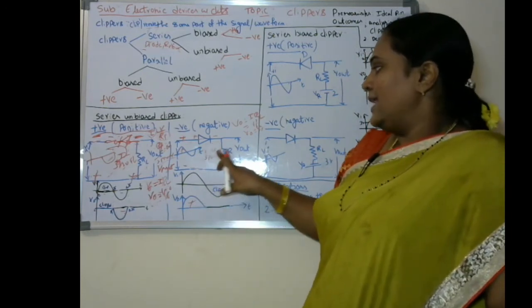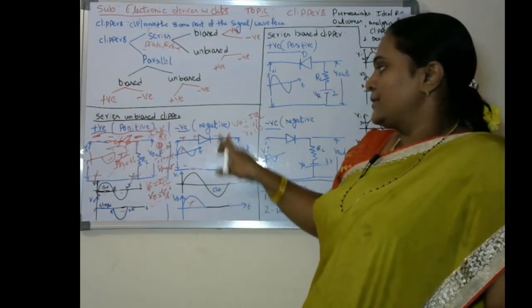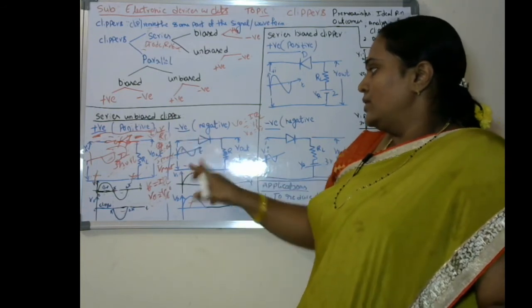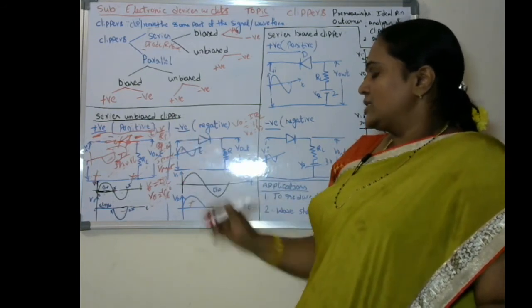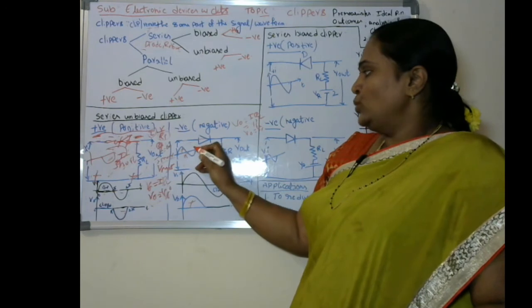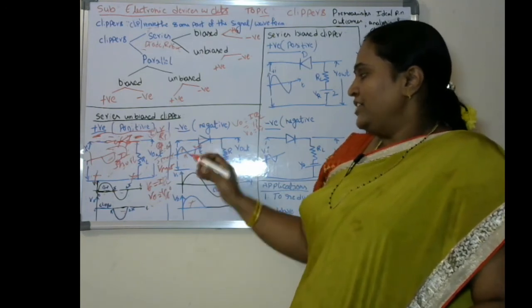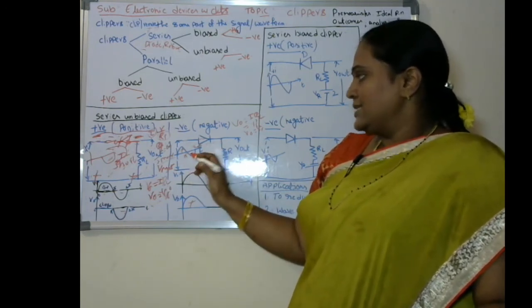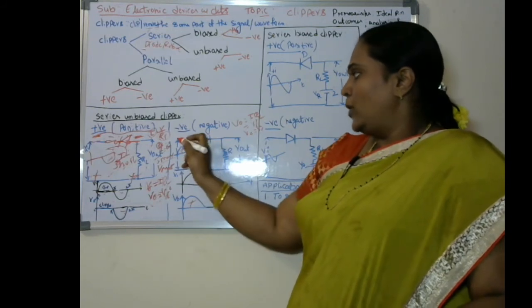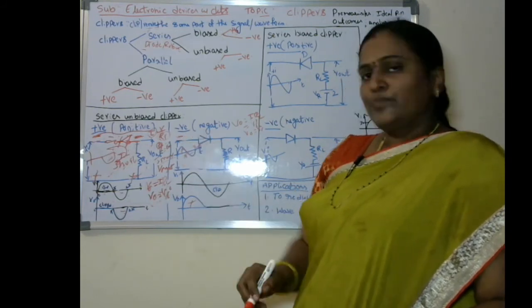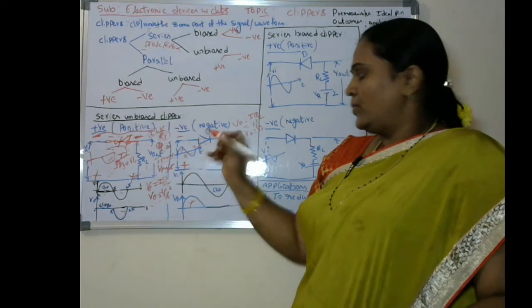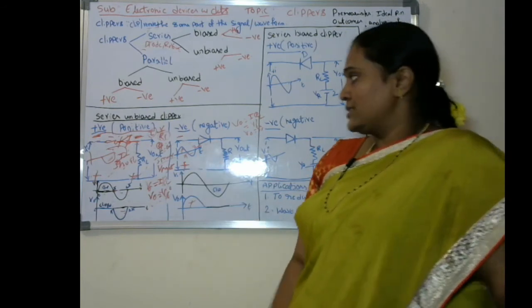Next, we have to go for analysis of the negative case. So what happens for the negative case? From pi to 2 pi, the negative signal is there, nothing but the negative alternating current here, and it goes positive here, with the voltage reference levels.